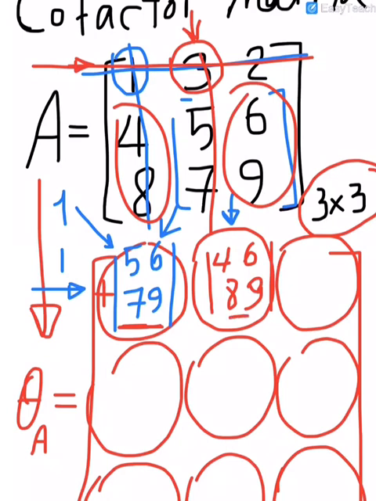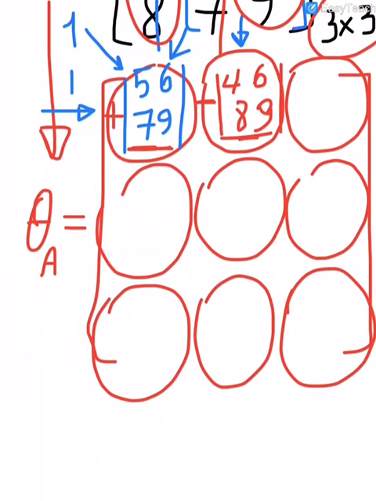For this one, 1 plus 2, second column, is 3. 3 is an odd number, you put a minus. So, I guess you understand what we do here. You put plus for the element that the summation of row and column is even, and you put a minus if the summation is odd.